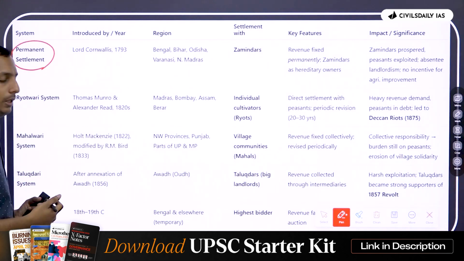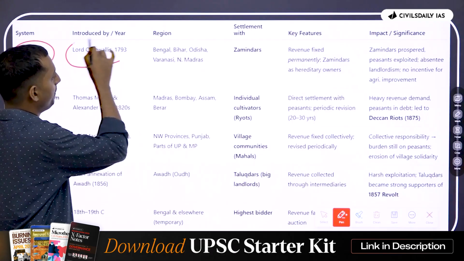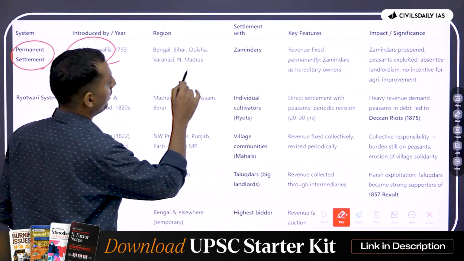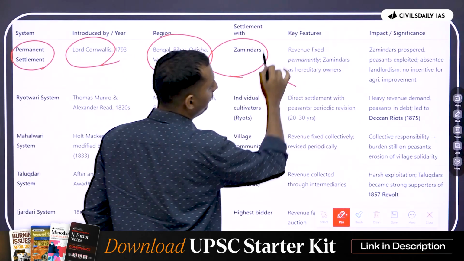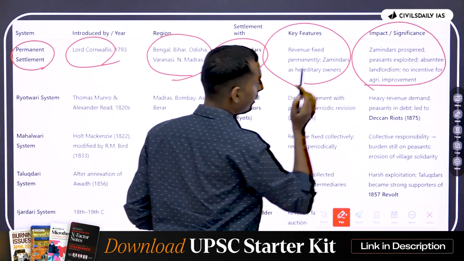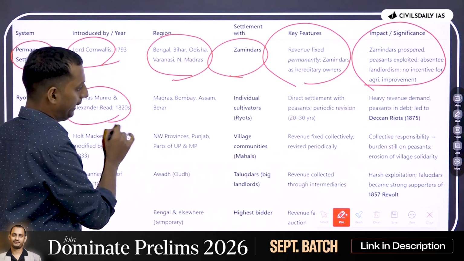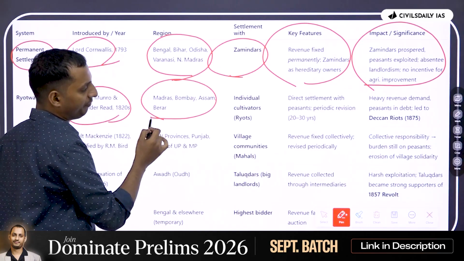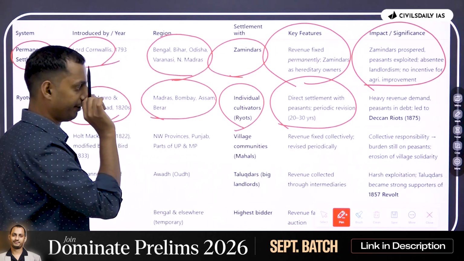Is it the Permanent Zamindari, Ryotwari, Mahalwari, or a different thing? Introduced by whom? Which are the areas, the settlement with whom, the key features, and also the significance. So, here: introduced by, area of influence, who was the landowner, and what were the significant features.